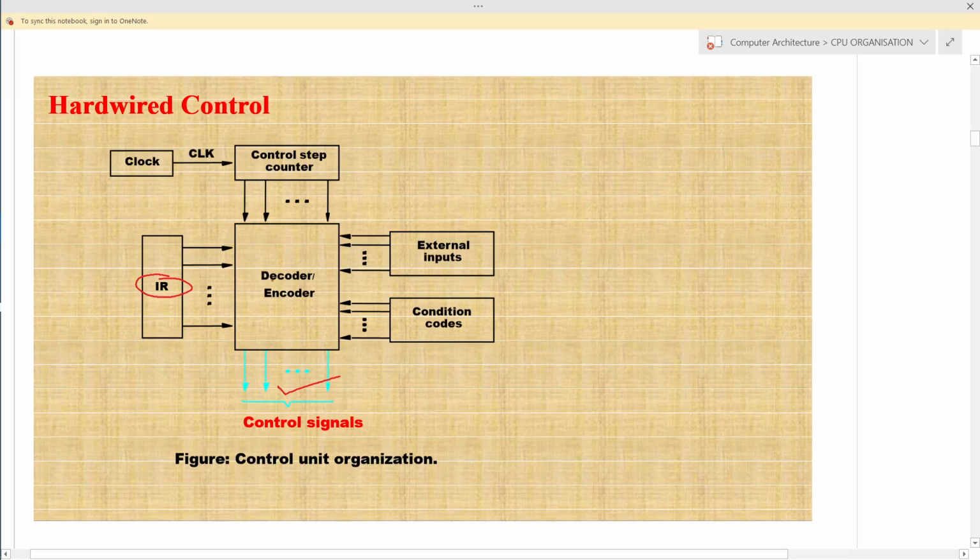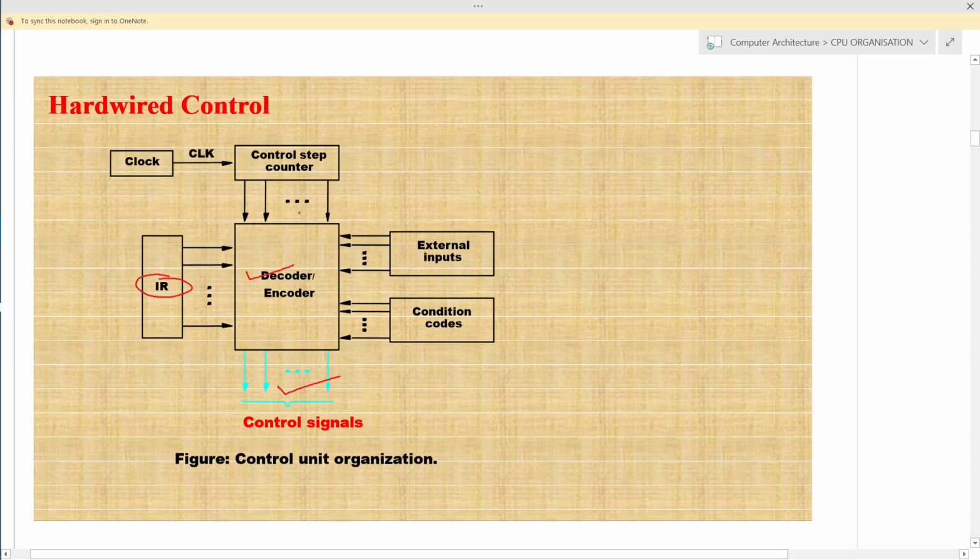We also use another decoder, called the control step decoder. One is called the instruction decoder, which takes the input from the IR, and one is called the step decoder, which takes the input from the control step counter. Combined, they put the information to the encoder circuit.